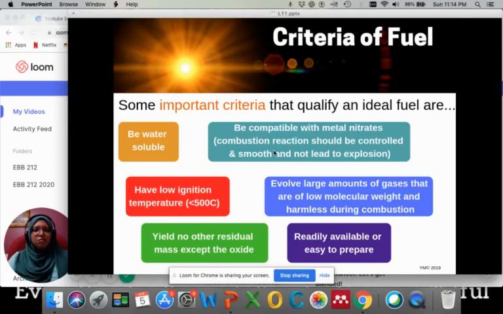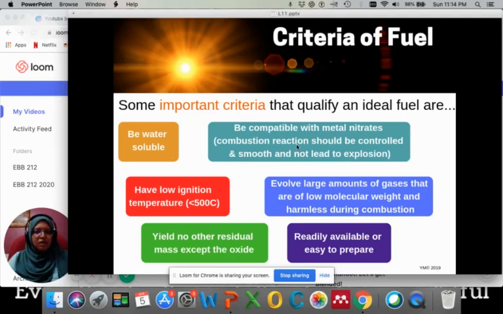There are 6 important criteria of fuel that we have to consider, and these will make the fuel ideal. The fuel must be water soluble.